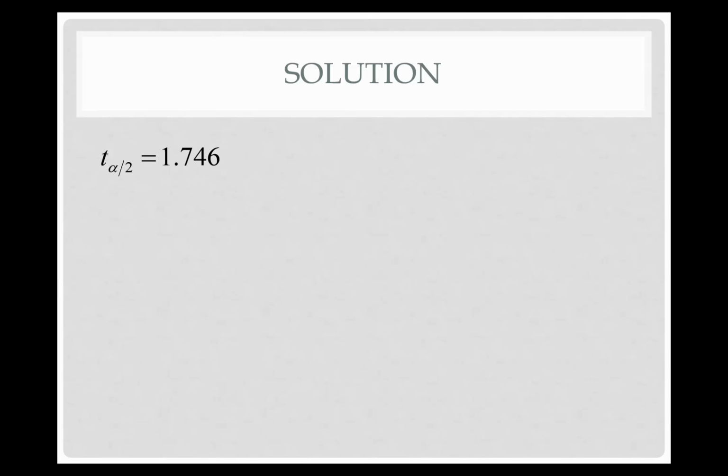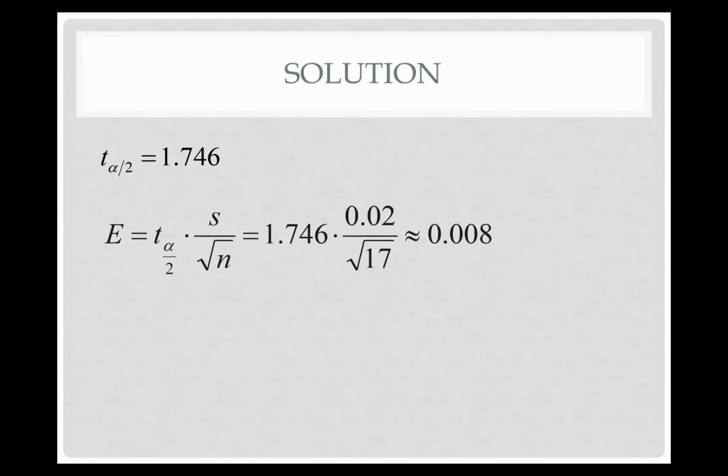All right, so let's take a look at how we solve this problem. We find our T value is 1.746, and again, you can use the calculator to find that if you have the updated version on your calculator, or if you don't have an updated calculator, you can use the T table. And then we need to find our E, our margin of error, and we use this formula to find that. Or we could just do it all on the calculator.